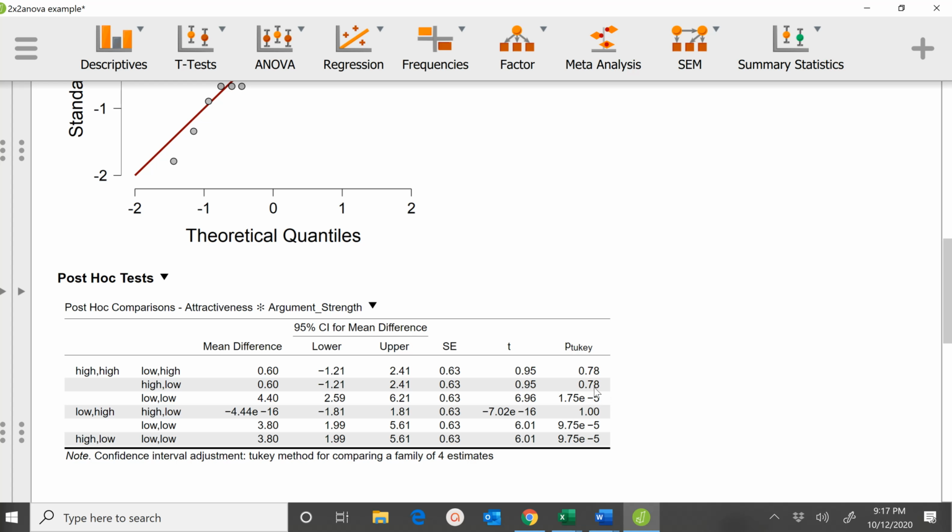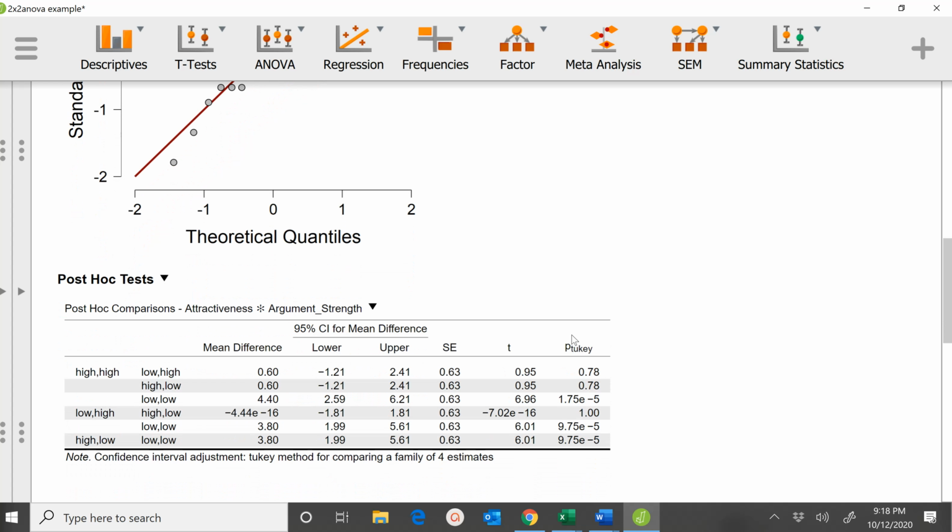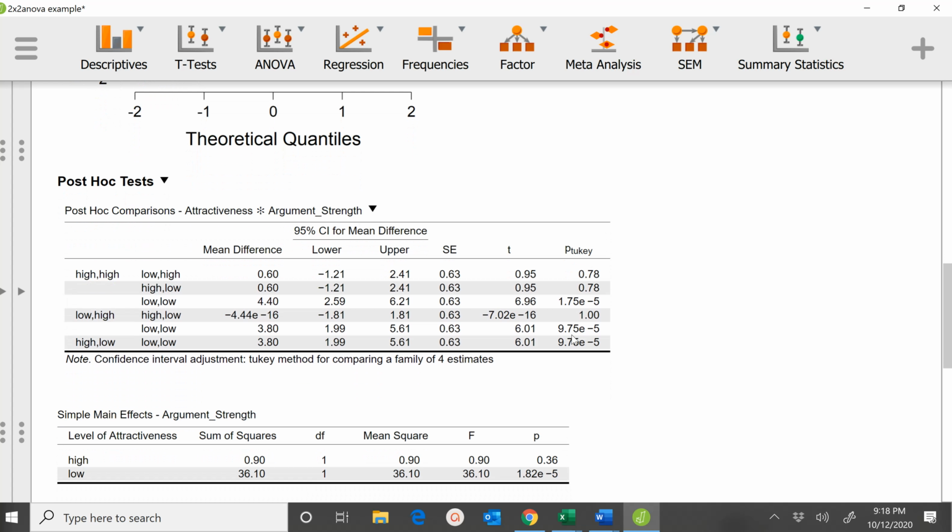The corrected p-value using the Tukey post hoc correction is considerably low. And also comparing high-low to low-low, that difference is significant, and also low-high to low-low is significant. So basically it gives us a significance test for what we've already seen in the graph.